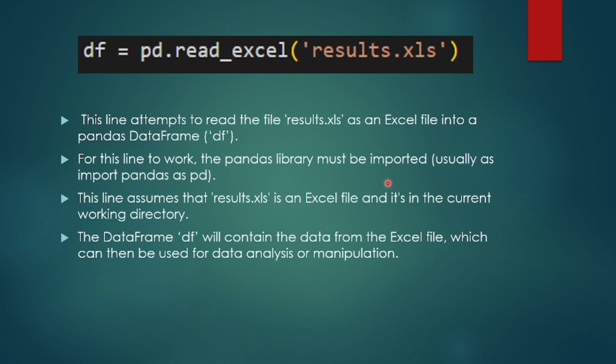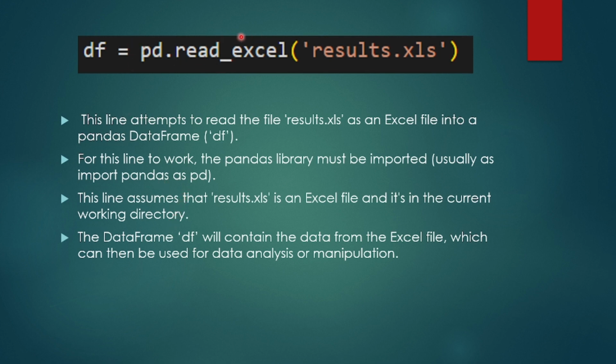So this is a Pandas data frame, which means that you need to import the Pandas library. Usually it is imported with this command here, import pandas as pd, so that this line of code should be before all this stuff.